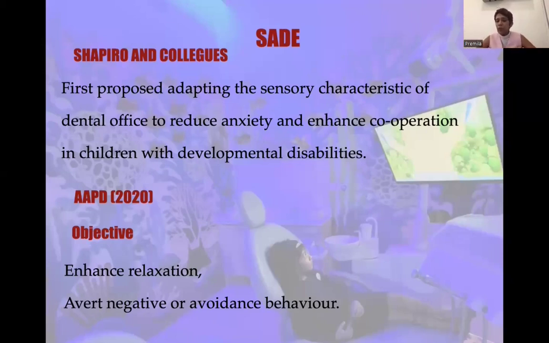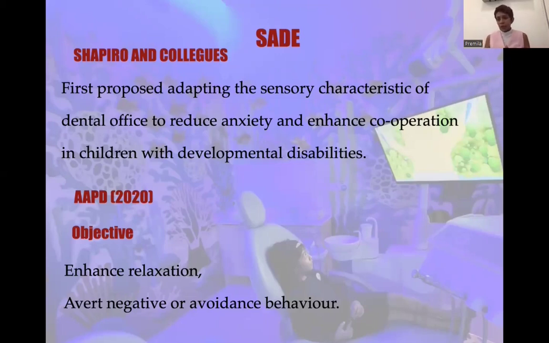They were working extensively on children with special healthcare needs, especially neurodiverse children and children with Down syndrome. They found that once we adjust the sensory stimulations in a dental environment, the children are much more cooperative.